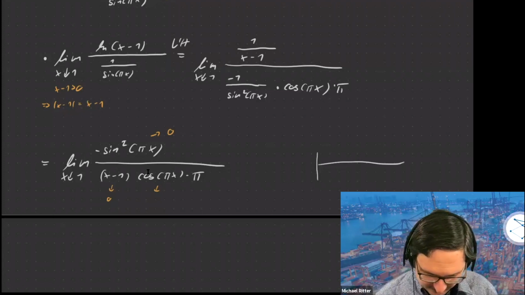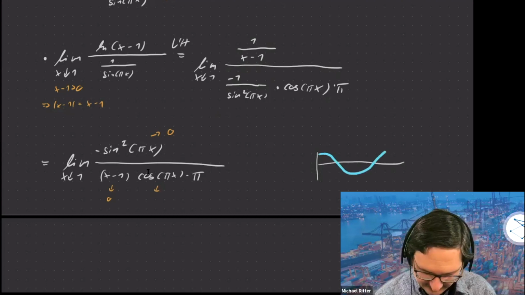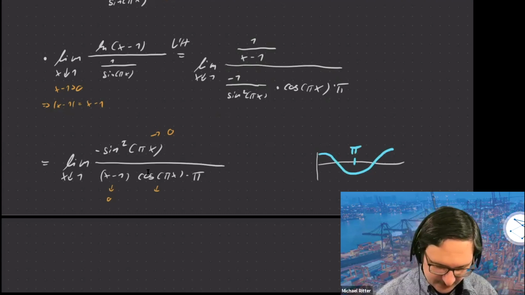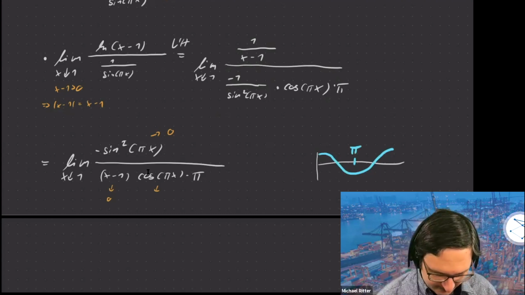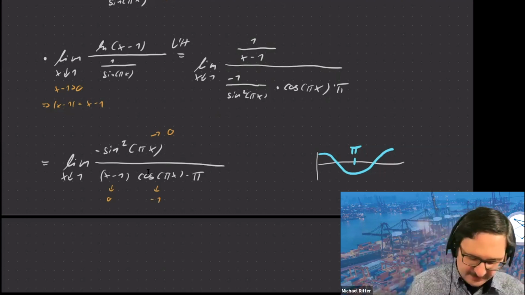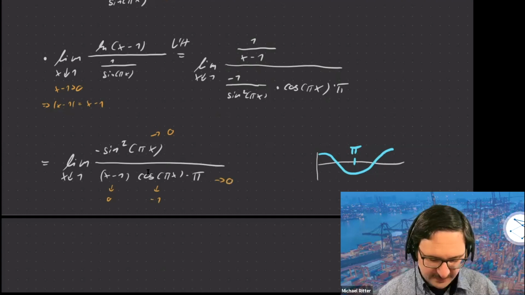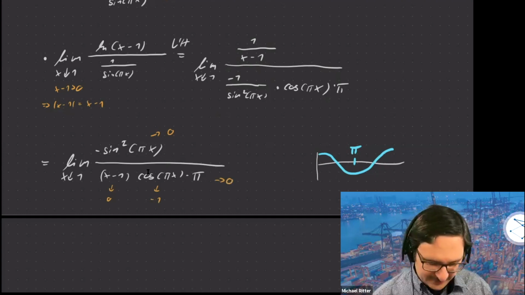So it's basically a translated version of the sine that looks like this here. Here's pi. So the cosine of pi x is minus 1. And that means the denominator as a whole tends to 0. So now we have something like 0 over 0.